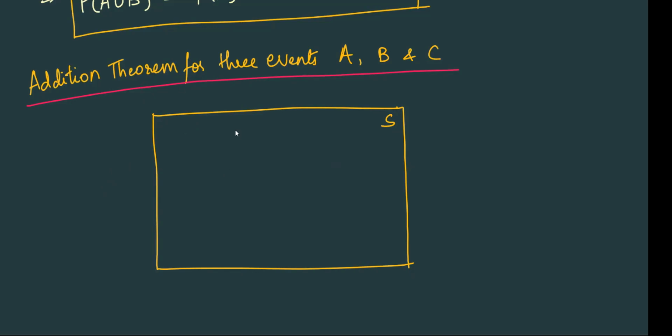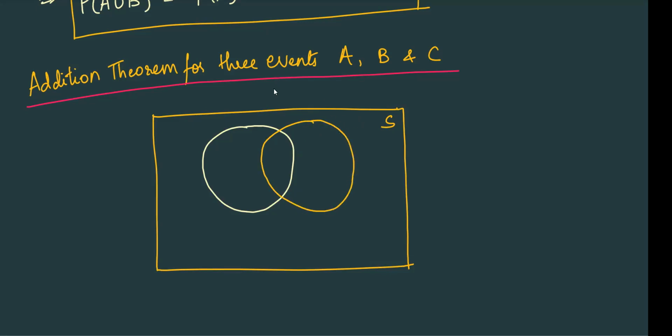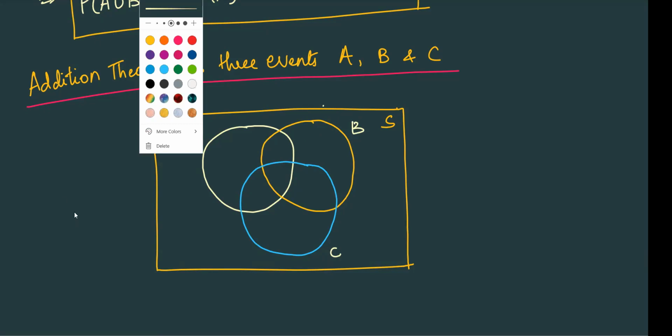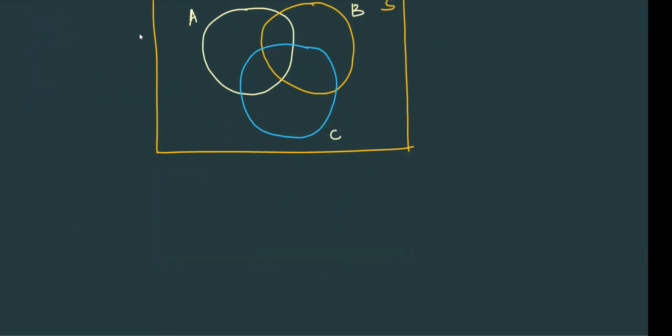Then say this is A, this is B, and this is C. So now the addition theorem for 3 events states like this.